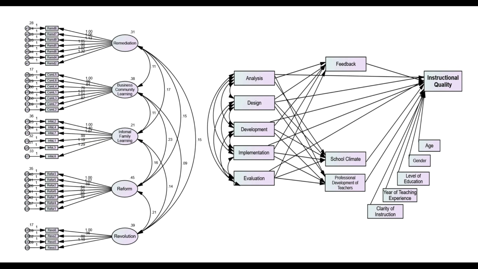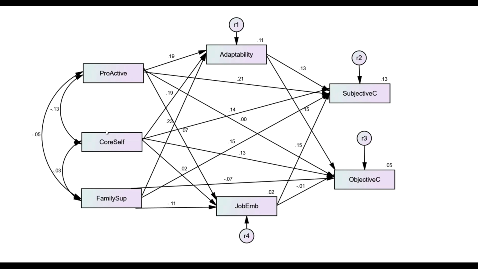For example, supposing you have a model like this where you have 2 dependent variables, 3 independent variables, 2 mediator variables, and then probably another variable, a moderator variable. It will be difficult for you to run that simultaneously using SPSS. But in AMOS software, you will be able to do that.